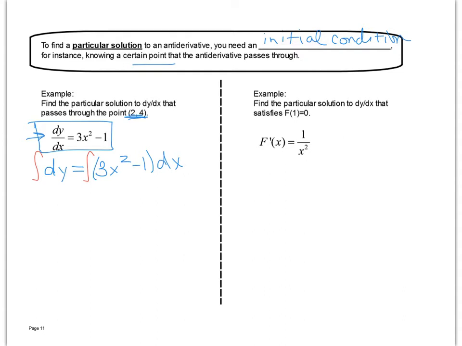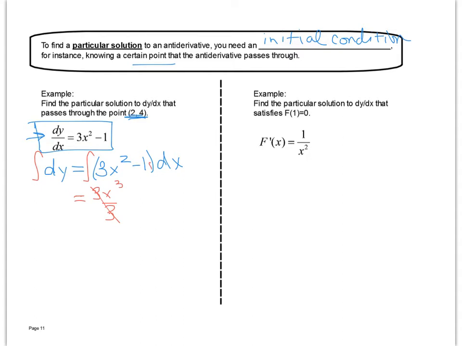So I'm going to take the integral of the right-hand side because it's a little bit easier. If I take the antiderivative of this right-hand side, the 3 comes down. We're going to use the power rule, so I'm going to add 1 to the exponent and divide by 3. Some of you will say, I don't even write the 3 because I get it.